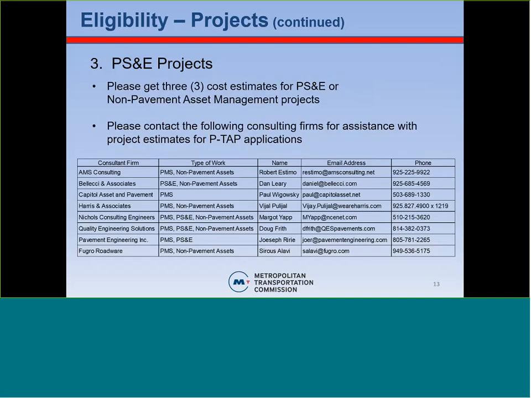Project cost estimates. If you are applying for a PS&E or a non-pavement asset management project, we urge you to contact one of the consulting firms on the list before you.